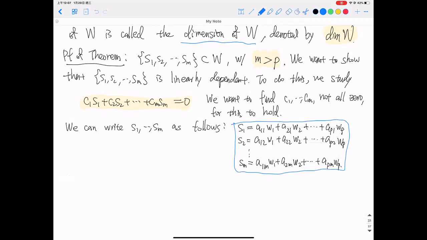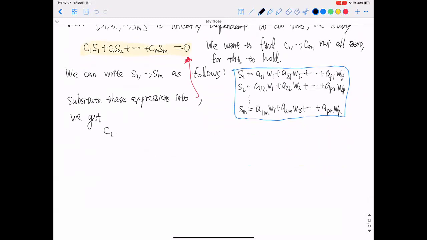We can substitute these expressions back into the equation containing S. We get something rather complicated, so let's write it down.